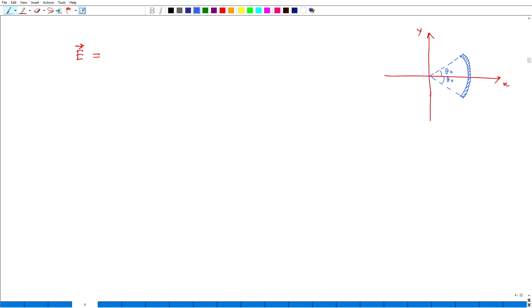Now we calculate the electric field at this point O, and again we consider a small strip. Due to this strip we calculate the electric field, and the direction is along d vector, due to the charge dq. This makes an angle theta, and the radius of the arc is r.